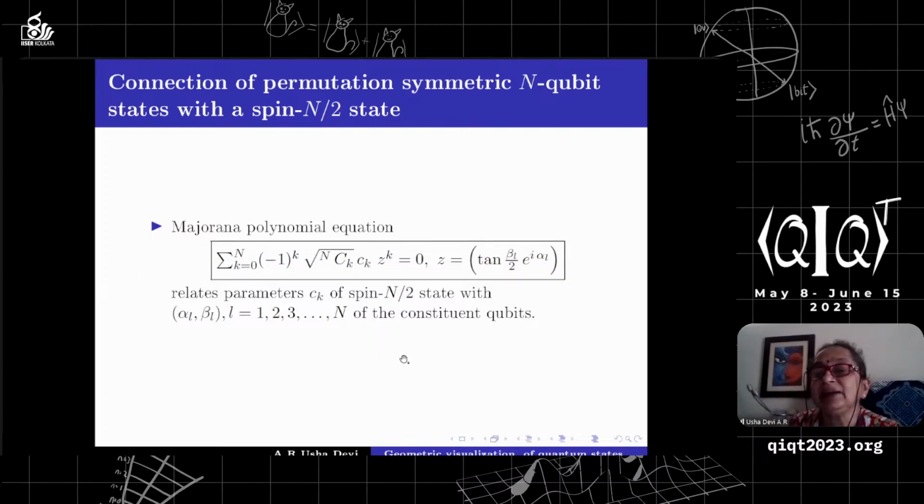So that is the relation between the Majorana representation and the n qubit spin J state. Once I do it, I am assured by mathematicians that a polynomial equation of order, say, n, has n roots in principle. There may be distinct roots, there may be non-distinct roots, but there are roots for a polynomial equation.